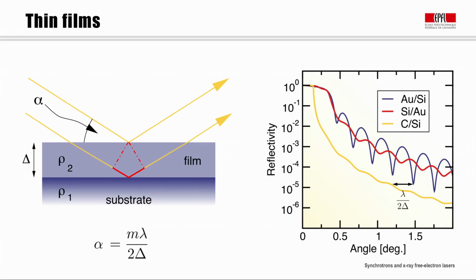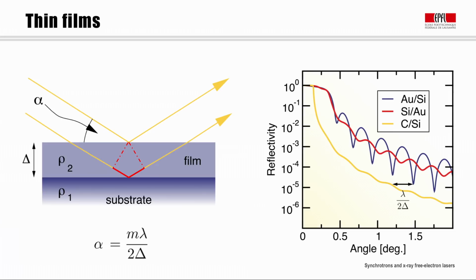Now this causes the reflectivity curve to exhibit oscillations known as Kiessig fringes. The separation between fringes is simply lambda divided by 2 delta, though the fringes actually deviate from this in the first few oscillations due to dynamical effects not covered in this course. The film thickness can thus be directly obtained from the Kiessig fringe period.